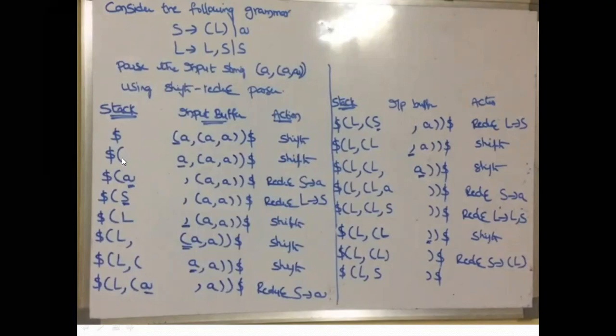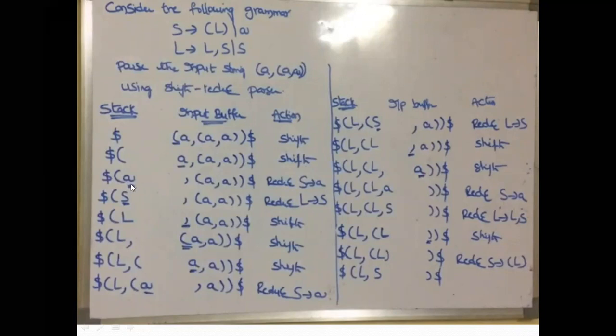There is no production with the open brace in the right hand side. Then what action are we performing? The next input symbol, small a, is pushed into the stack. So the action we are performing is the shift action. Shift means we are pushing the terminal into the stack.